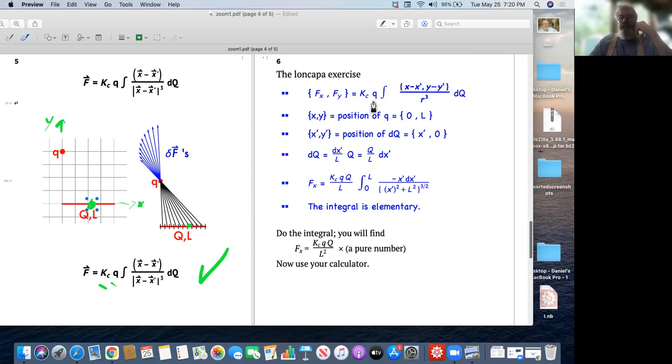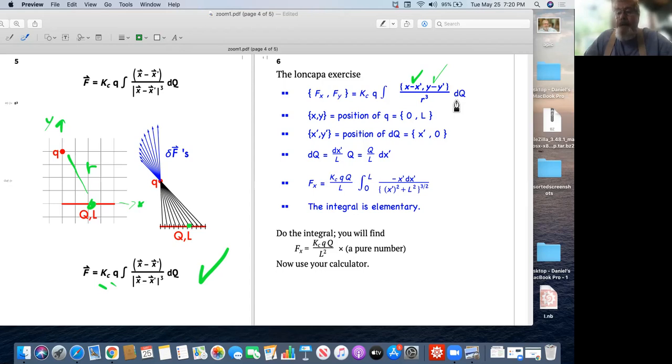So y prime is 0. All right, so that takes care of this. What about r? R is this distance. By the Pythagorean theorem, r will be the square root of x minus x prime squared plus y minus y prime squared. So I'll come back to r in a minute.